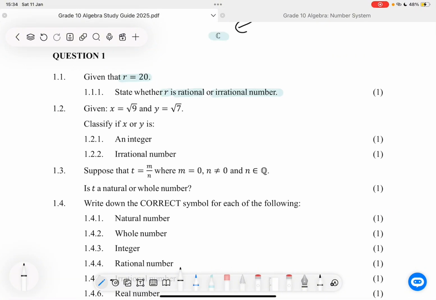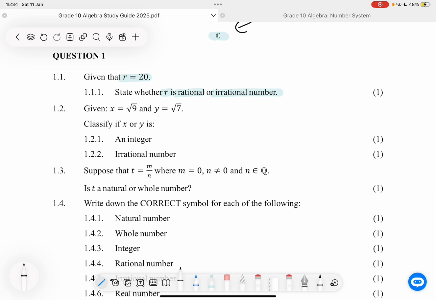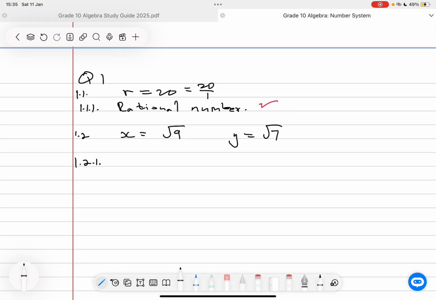The question says here that classify if x or y is an integer. So I'll start by doing 1.2.1. That says that we should classify if x or y is an integer. Right, so between these two, x and y, which one is an integer?